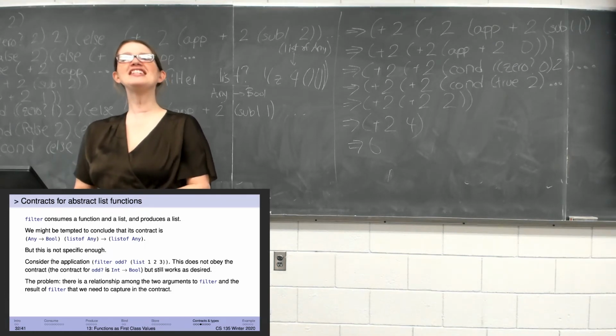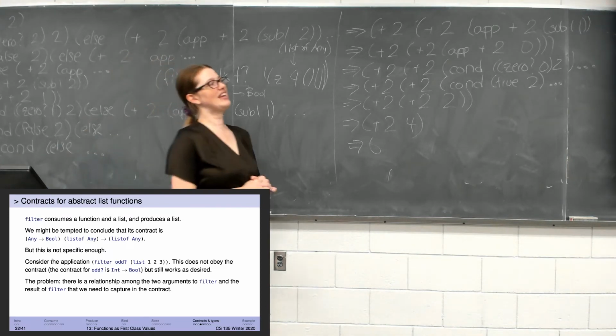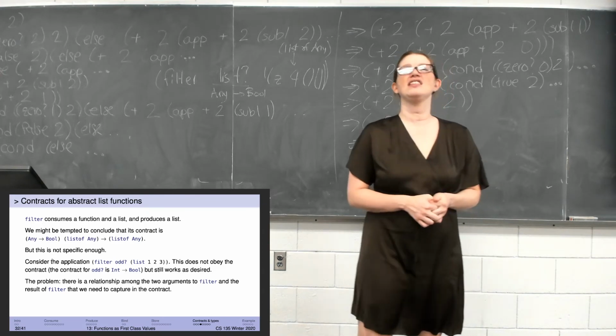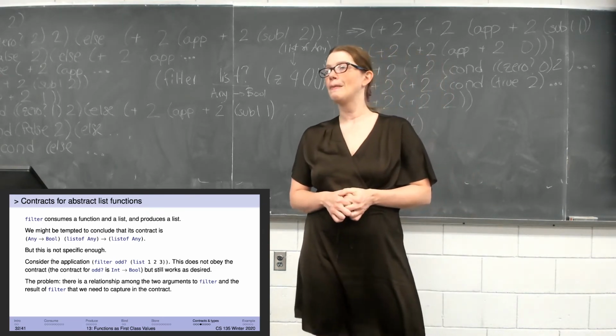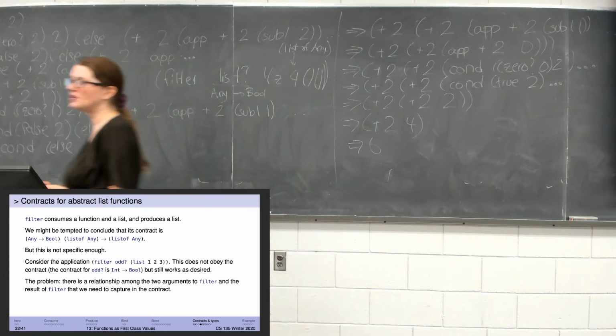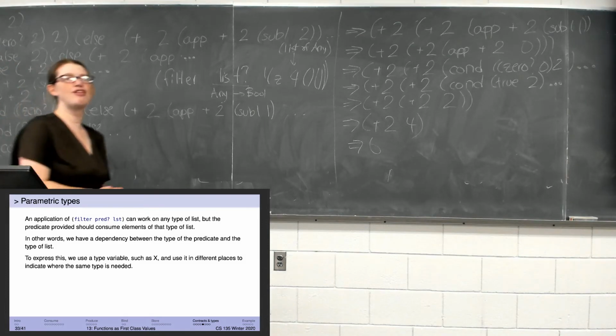So this contract isn't accurate because it hasn't captured the fact that the predicate's type needs to match the type of the list that's consumed. So we've got to solve this. It's actually pretty easy to solve. We introduce this thing called a type variable.